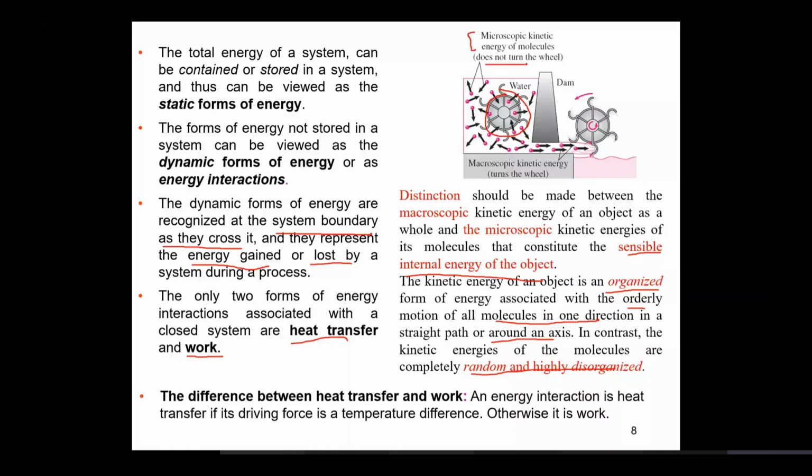But if you organize the motion of molecules in such a way that they hit the wheel in a certain direction, they have an organized, orderly motion. This motion would essentially result in the macroscopic kinetic energy of the system. Organized, orderly motion resulting in the work produced as a form of macroscopic energy, which is the kinetic energy of the system. Clear enough? All right, I'll stop over here.